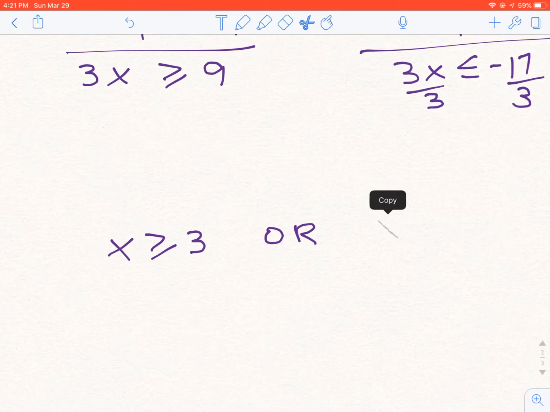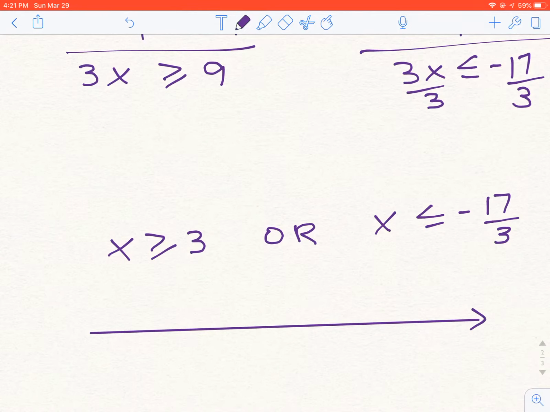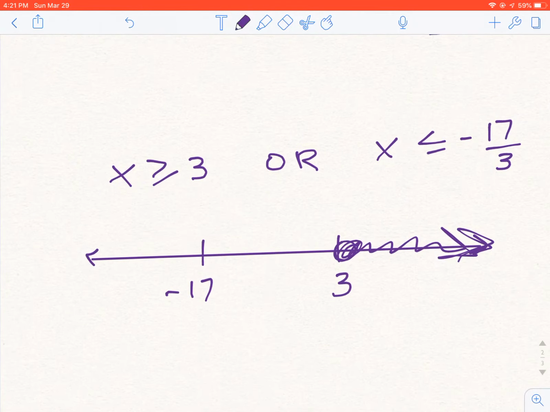So x is less than or equal to -17 over 3. So here's my number line, and it's going to be greater than or equal to 3. So 3, closed circle, everything to the right. It's going to be less than -17 over 3. I don't even care what that is as a mixed number.